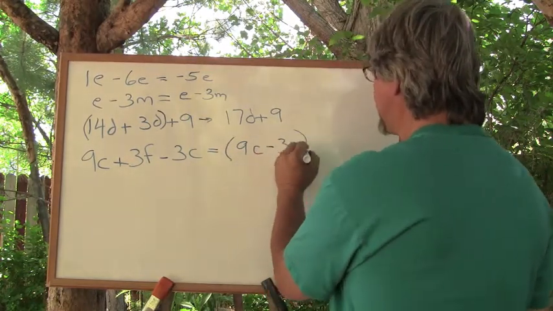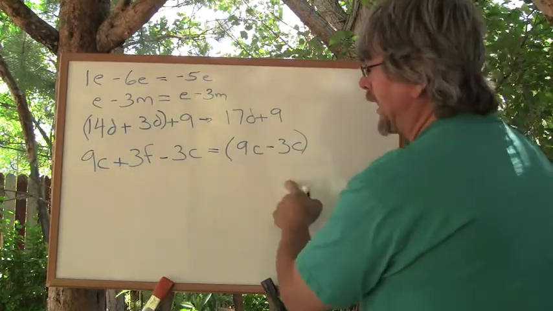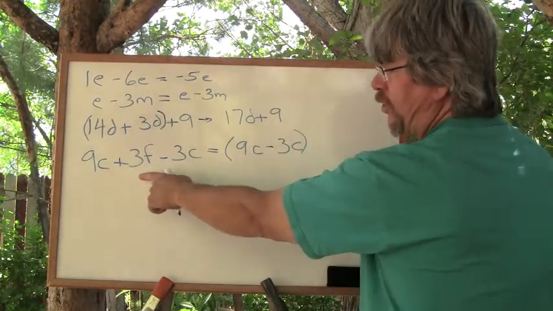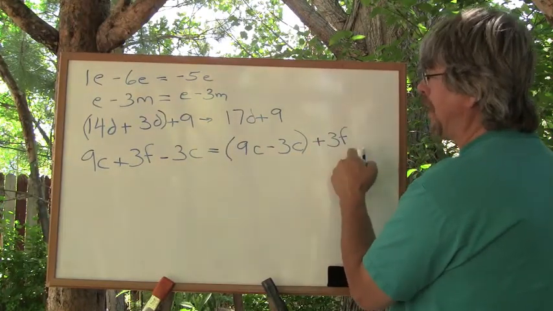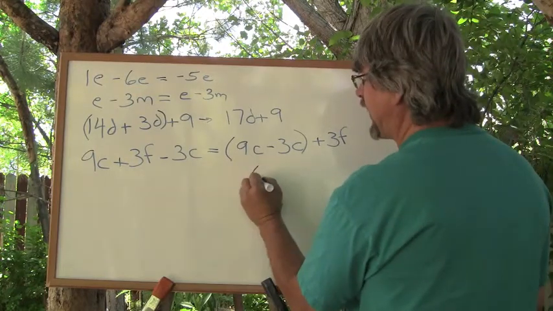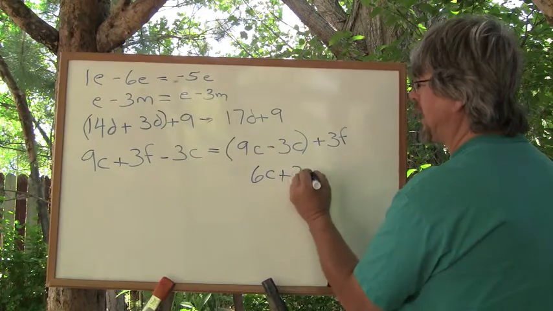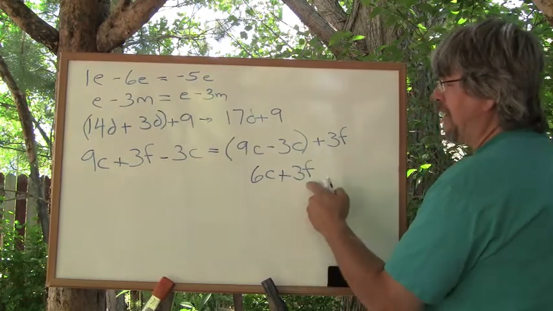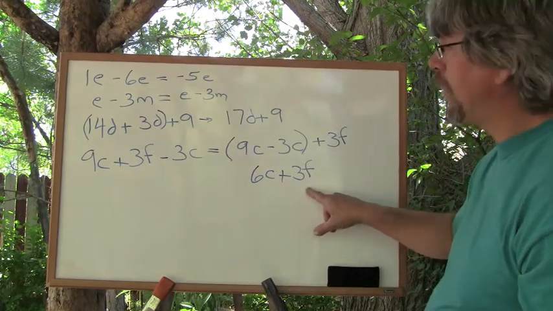We want to put them together in the parenthesis because they are proper like terms, but we can't just ignore the 3f. It's part of this equation, so we have to bring it along for the ride. Now 9c minus 3c is 6c plus 3f. C and f are not like terms, so that is as far as you can take that equation.